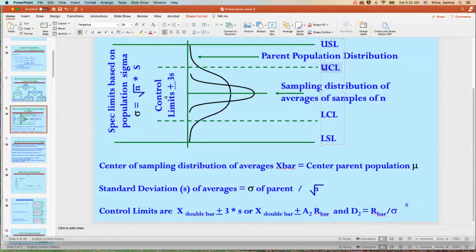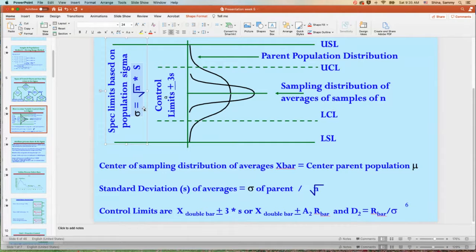So essentially the connection between control limits and spec limits is this equation right here. This equation says, because we assume samples are going to be less than 20, that sigma, which corresponds to the population, is square root of n, the square root of the sample size, times S. So S comes from the control chart.